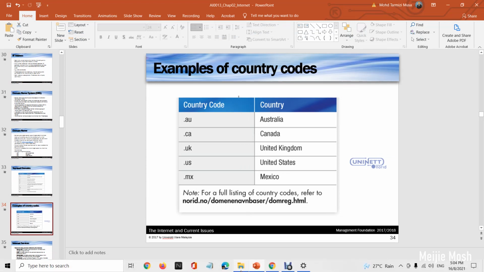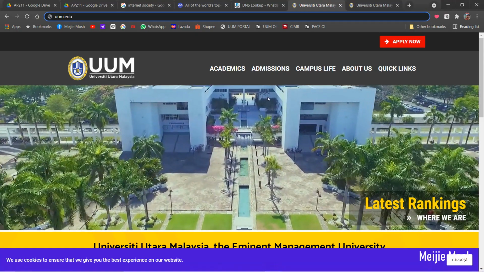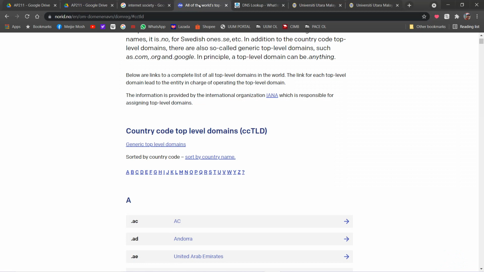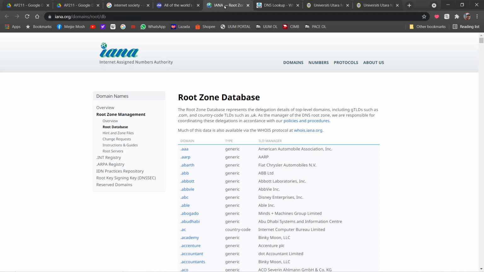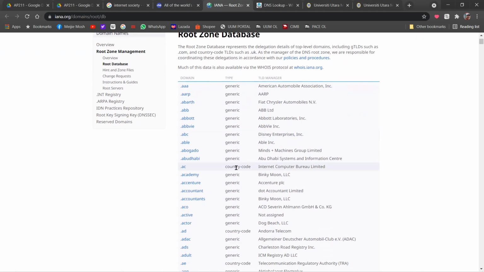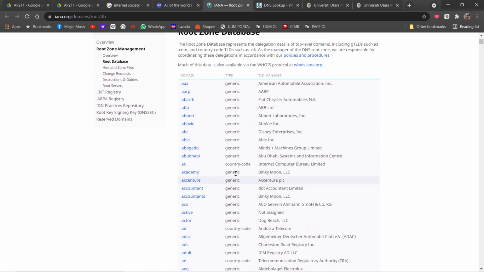You can get the full listing of top level domains and country codes on this website, or you can also get the information from the Internet Assigned Numbers Authority, which includes the generic top level domains and country top level domains.